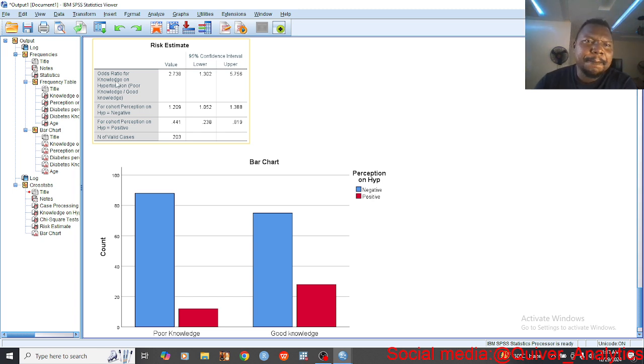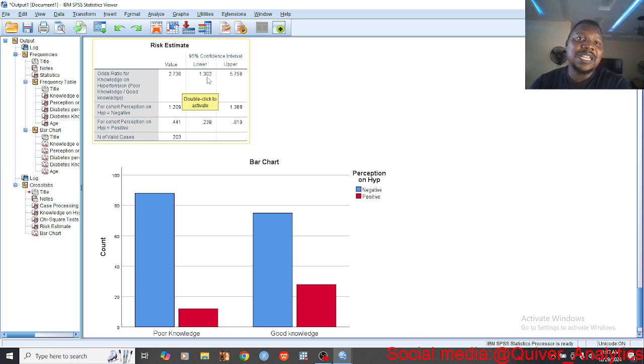So here we interpret that people who responded with poor knowledge on hypertension are 2.738 times more likely to have negative perception when compared with people with good knowledge. All right, so that's all you need to interpret. In your interpretation, you can also state the lower and upper confidence intervals.